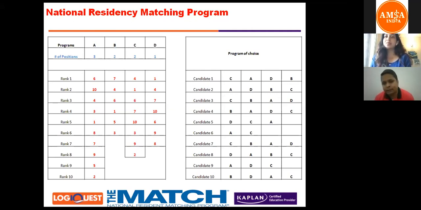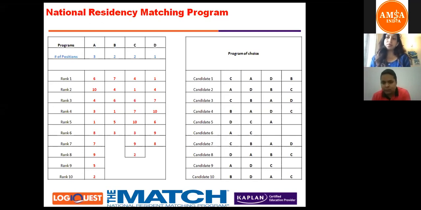On the right side of the screen, you see the programs of choice, where the candidates have ranked the universities. For example, candidate 1's first choice was University C, his second choice is University A, his third choice was University D, and fourth choice was University B. Clear so far? Similarly, all these 10 candidates have ranked the universities accordingly. You might also see that candidate number 5 has only 3, candidate number 6 only 2, and candidate number 9 also 3.